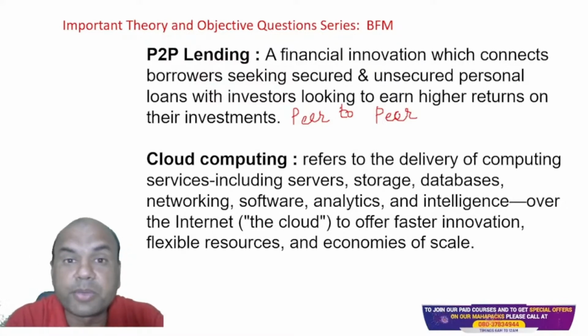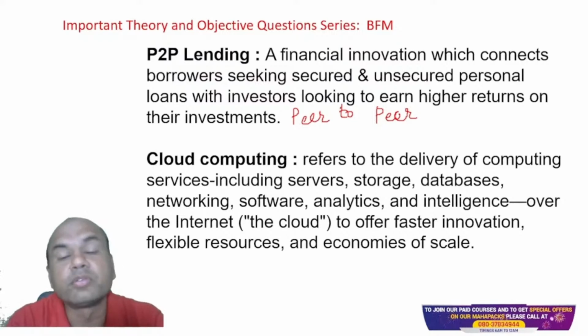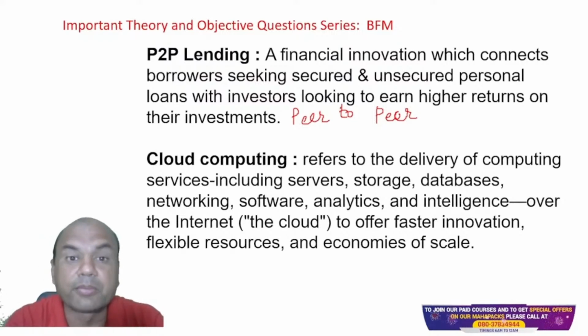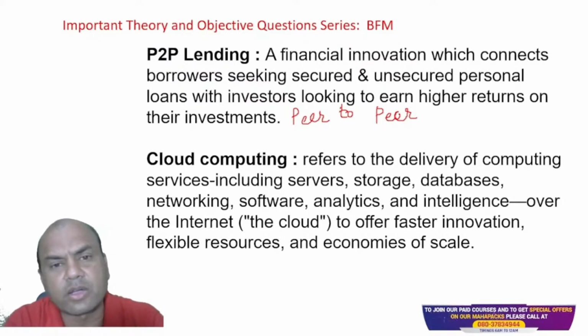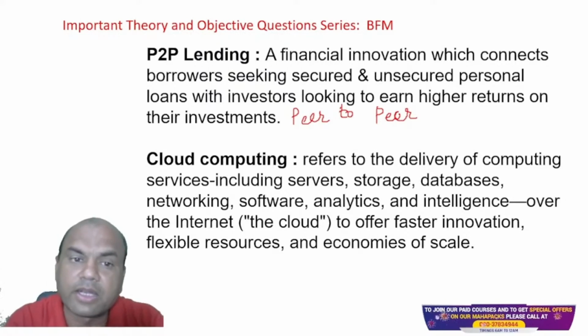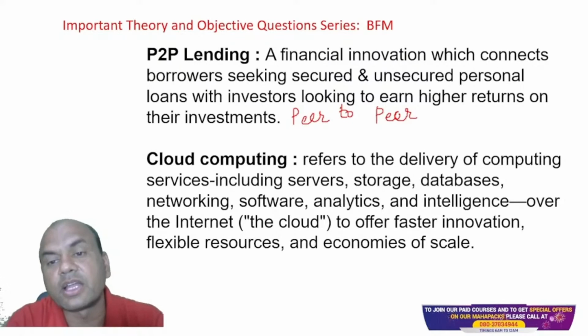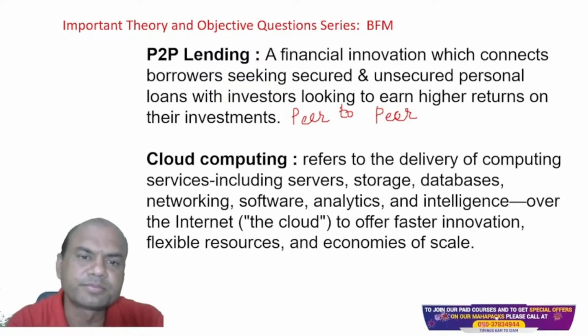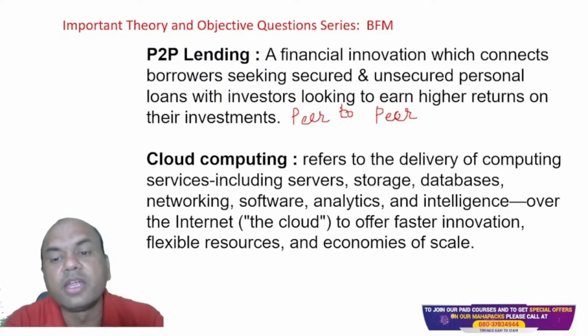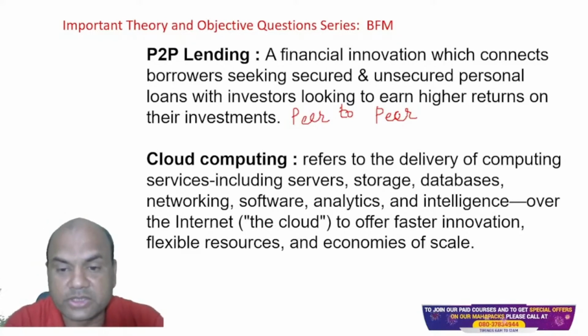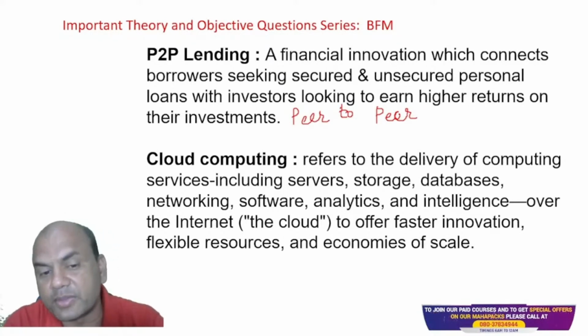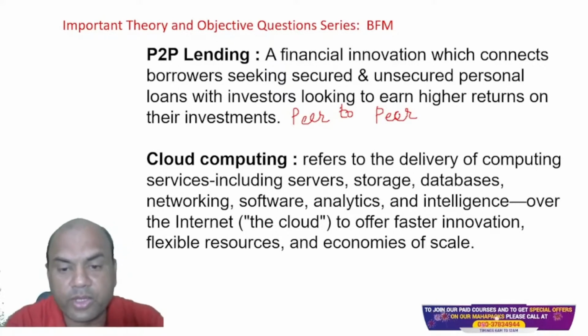That is known as P2P lending. There are certain problems in that, but those can be tackled nowadays. The account aggregator system can definitely tackle it. So it means connecting the person who wants a secured or unsecured personal loan with the investor, like buyer and seller. It's that simple.